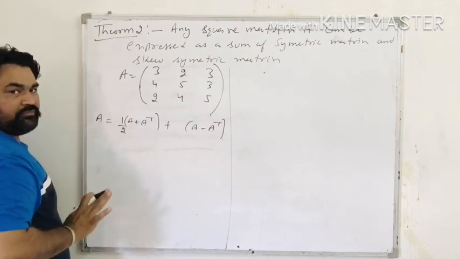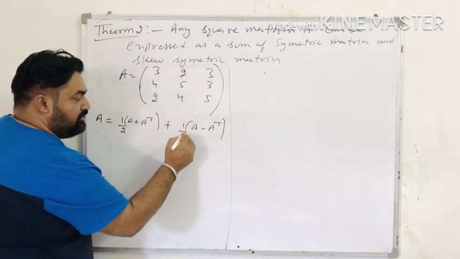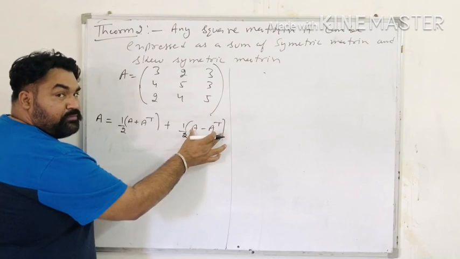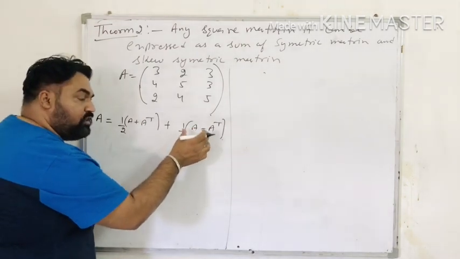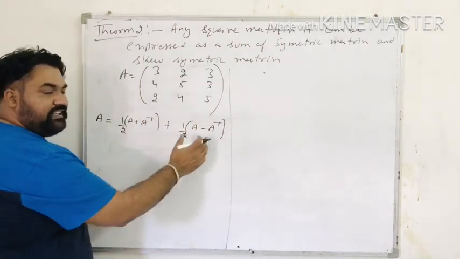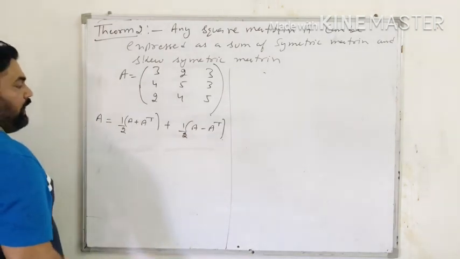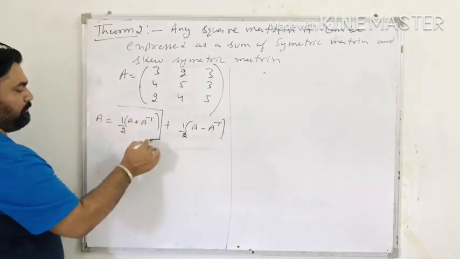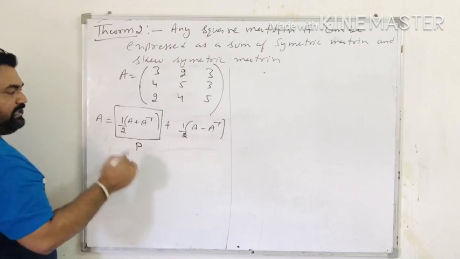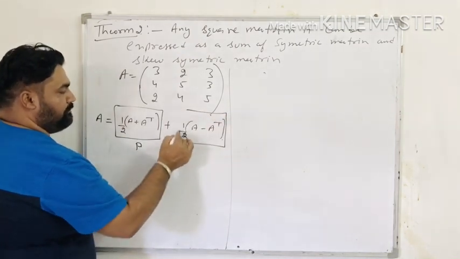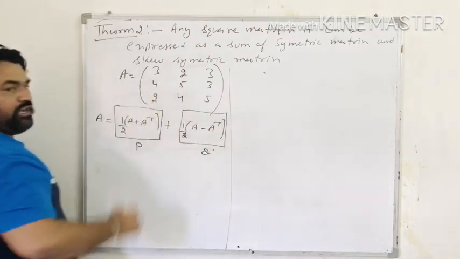Again, if we divide the skew symmetric matrix by 2, this will also remain a skew symmetric matrix. Now we suppose this part equals P and this second part equals Q.